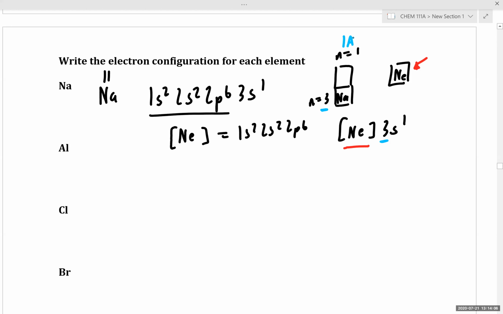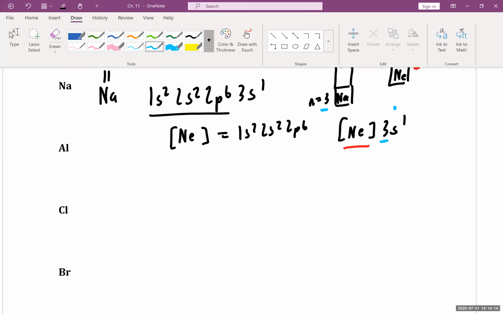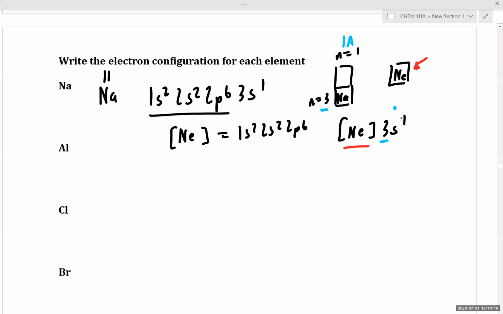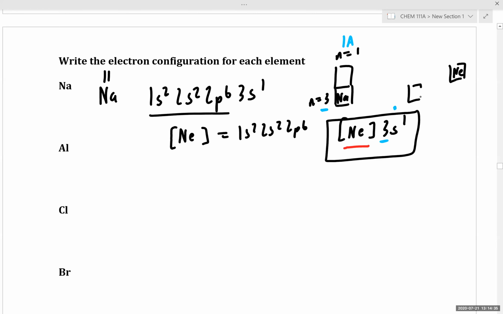Since we have 1 valence electron, we fill our 1 valence electron into the 3s orbital. Now, of course, if we add more, we'd fill our s orbital followed by the p orbital. So this is our abbreviated configuration for sodium. Let's now take a look at aluminum.